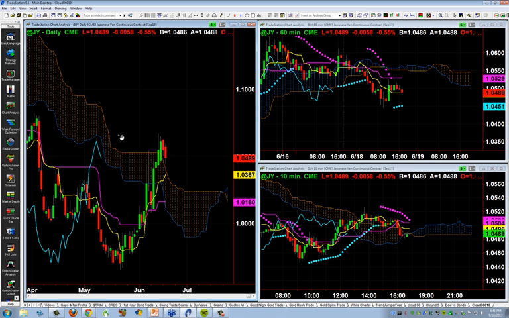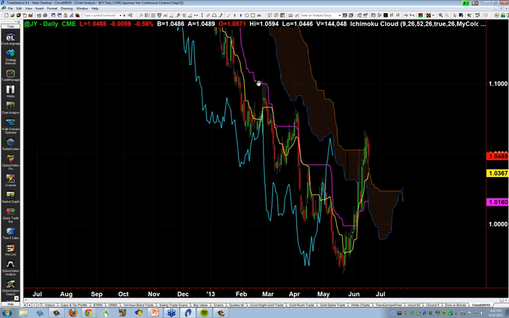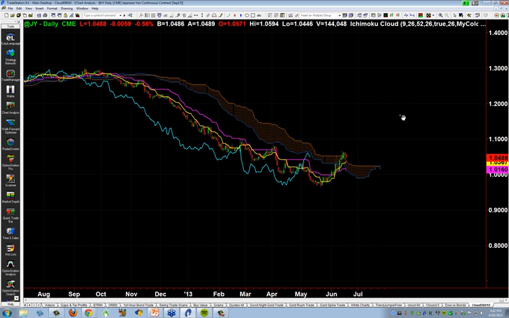So everybody that got long down here at the end of May, obviously you're loving life, right? But if we want to establish that this has been in a nice little daily trend, which it has been, that's a good little trend there on the yen. Let's say we wanted to retrace a lot of that. Well, we're going to wait until that lagging line gets above that cloud and there's 3 candles up there to support us.